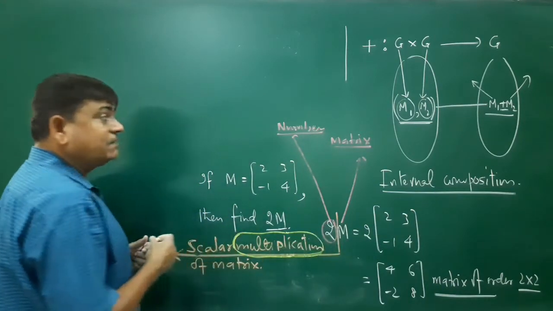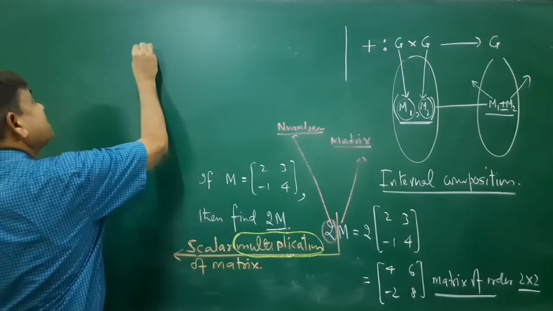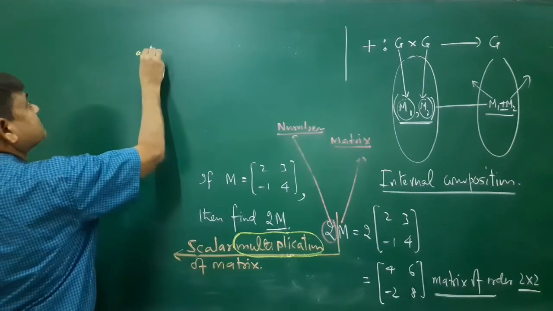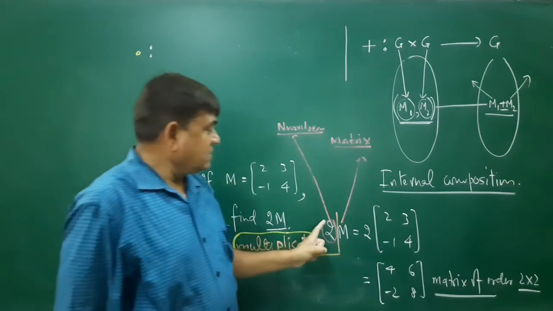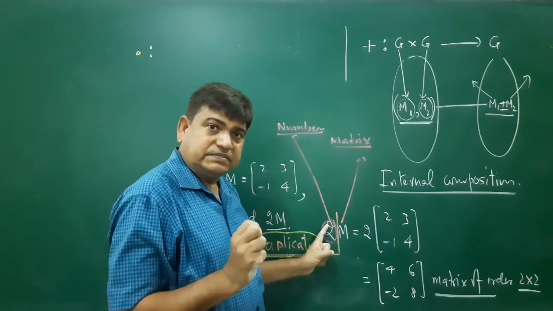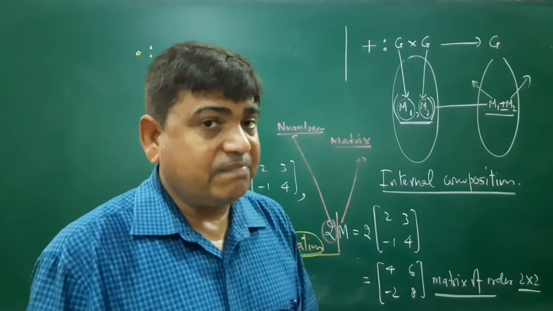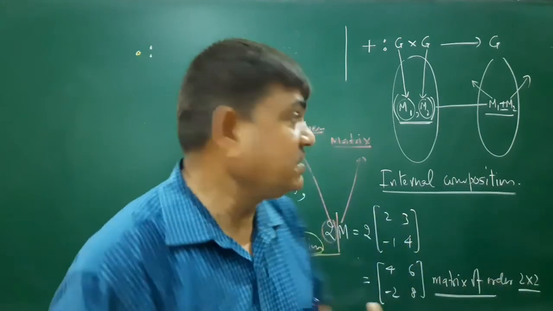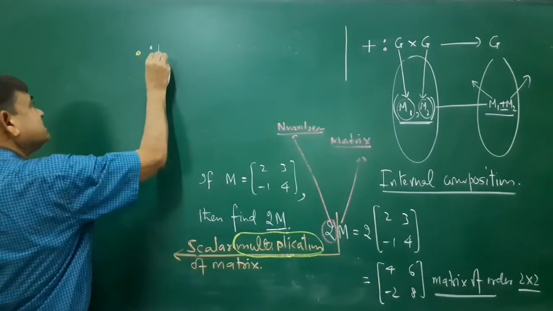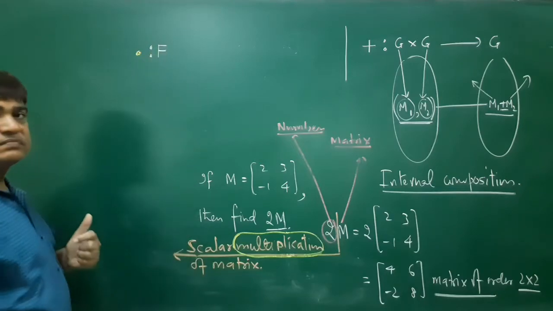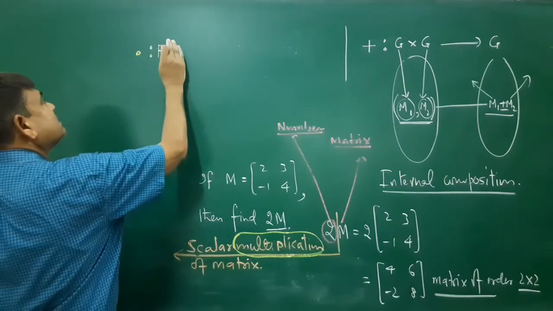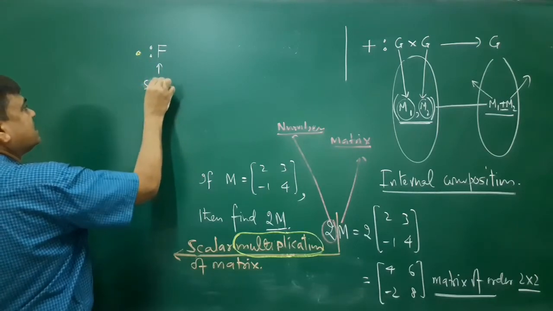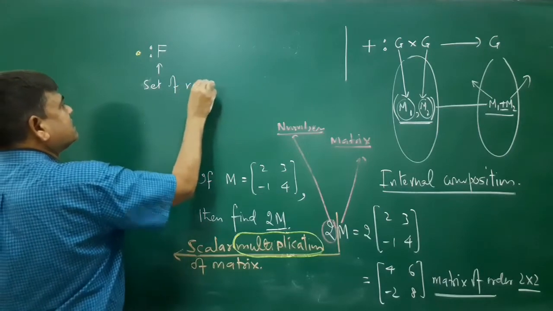This is scalar multiplication. I put the multiplication by dots. This is a number, so definitely it belongs to a set which is full of numbers. So here I write F, or maybe this is, right, this is a set of real numbers.